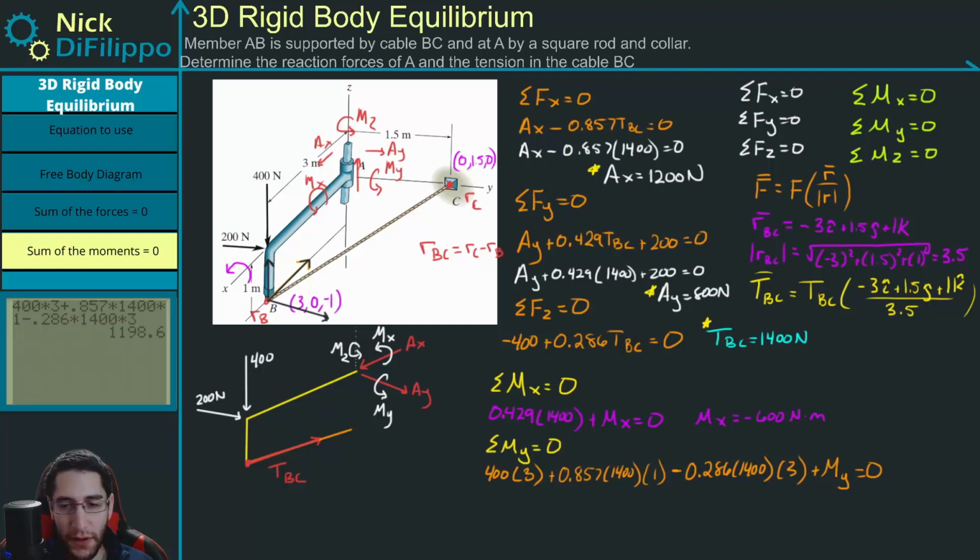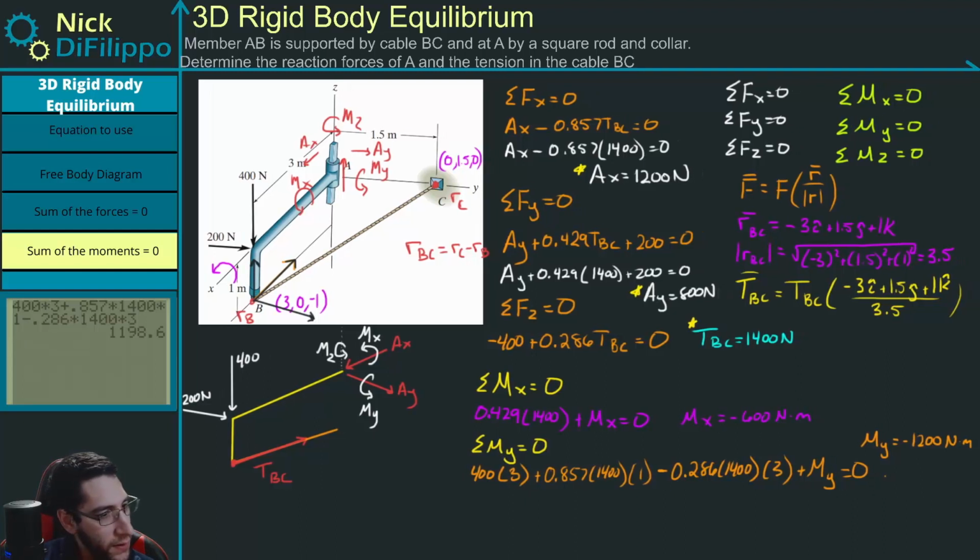Bring it to the other side of the equation and I get My is equal to minus 1200 Newton meters. I think that's still on the screen. Nope. So let's just move this over just a little bit.